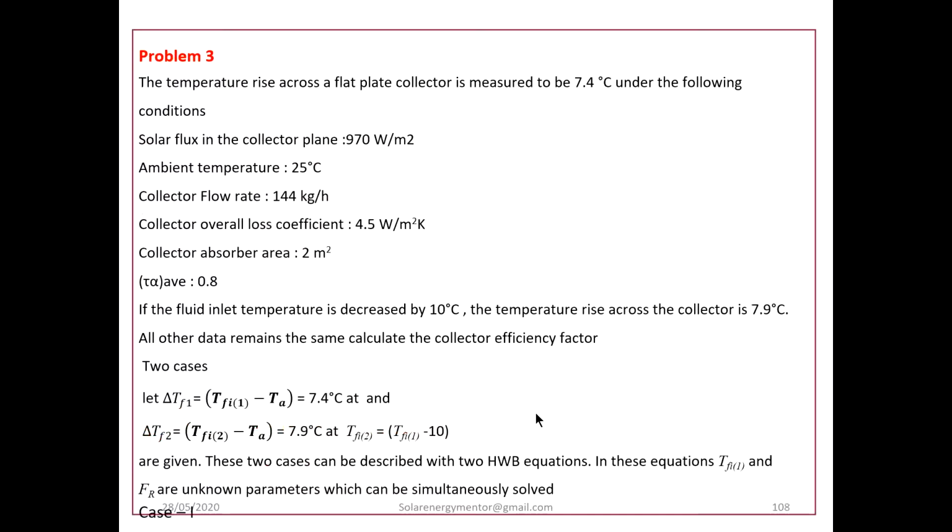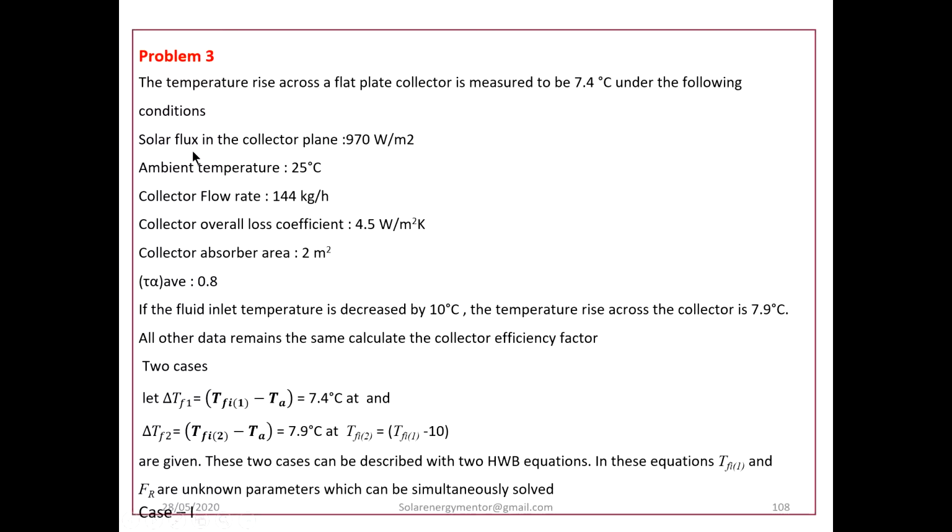Let us go to the next problem. This problem reads as: the temperature rise across a flat plate collector is measured to be 7.4 degrees Celsius under the following conditions.